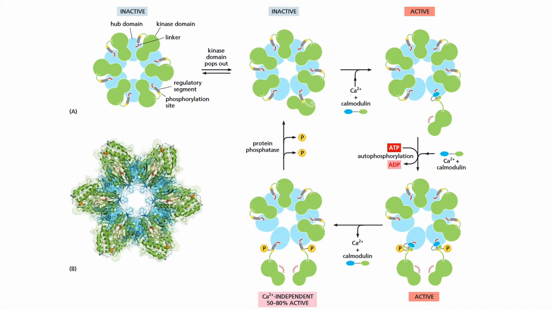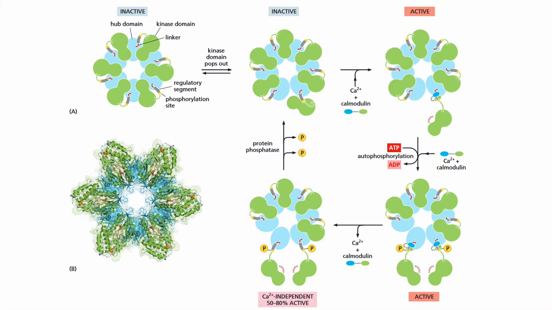The first, the upper left one, is a compact state, in which the kinase domains interact with the hub domains so that the regulatory segments are buried in the kinase active sites and thereby block catalytic activity.